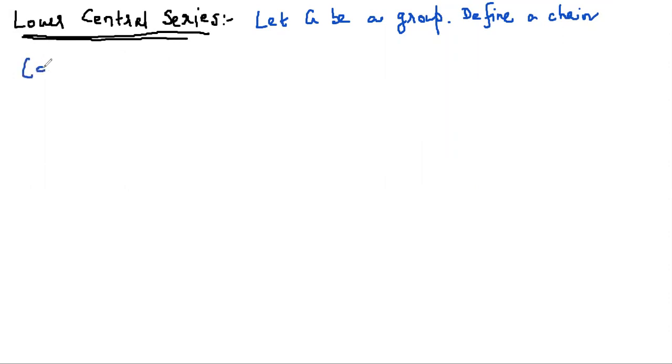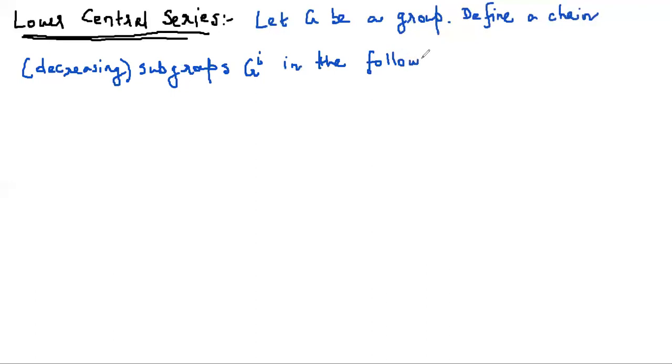So let G be a group. Define a chain of decreasing subgroups, which usually we call G_i, in the following way.